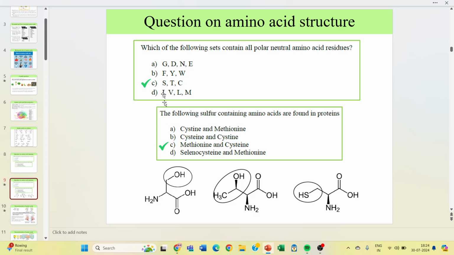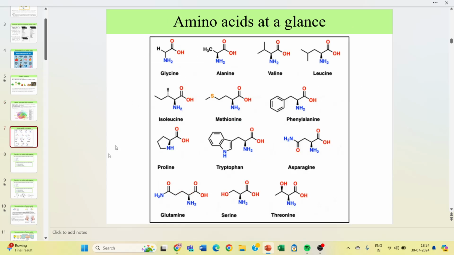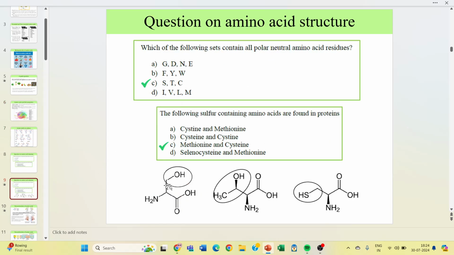The right answer is C. C has serine, threonine and cysteine. Why is that so? Let us look at this chart. Right, we can actually have a look from here. So this is threonine, this is your serine, and this is cysteine.